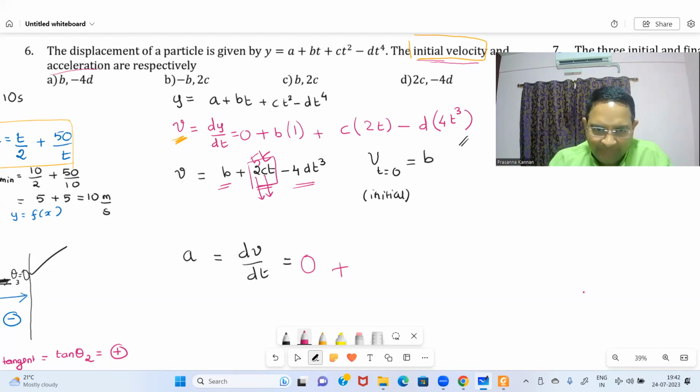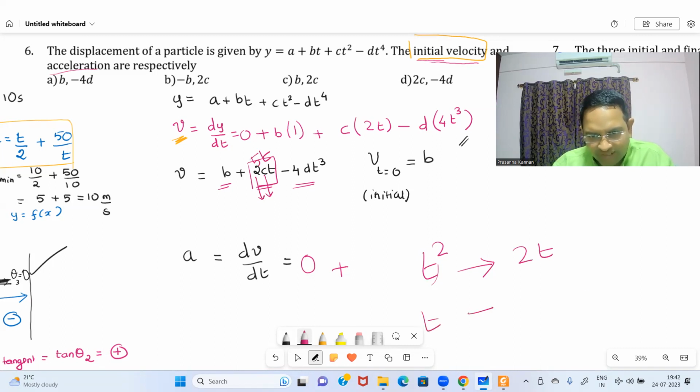What is differentiation of T? What is differentiation of T square? 2T.